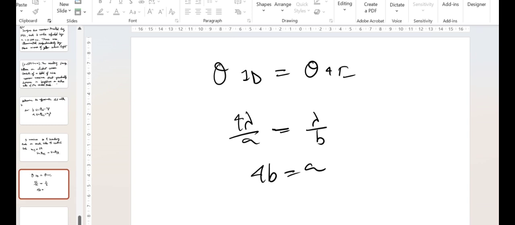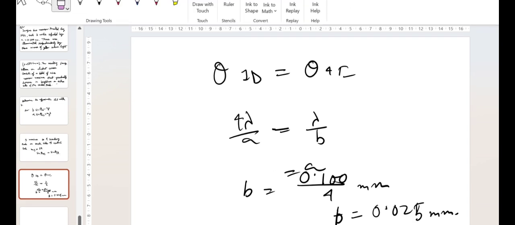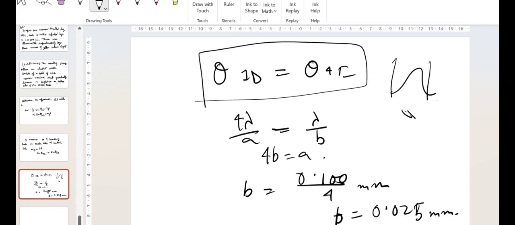So 4b is equal to a. So b is basically 0.100 by 4 millimeter. So b is equal to 0.025 millimeter. So the location of the central diffraction maximum's first minimum is equal to the location of the 4th interference maximum. So that's why we can write this equation.